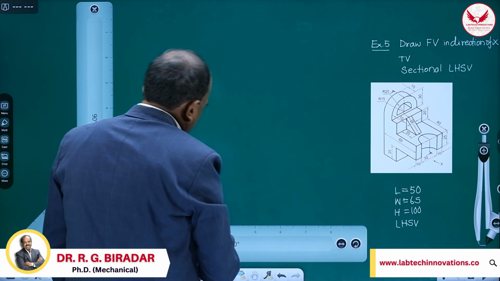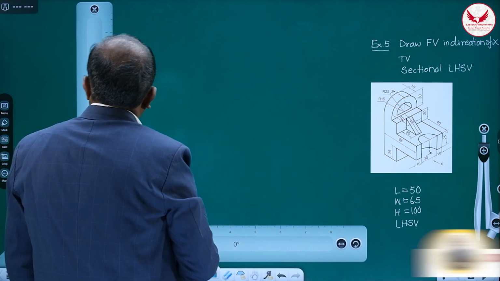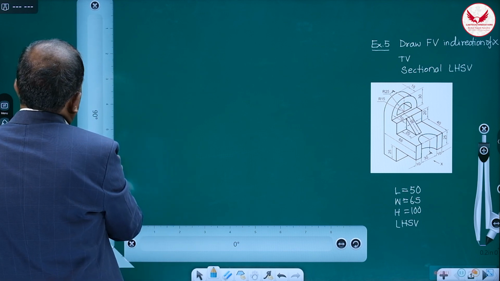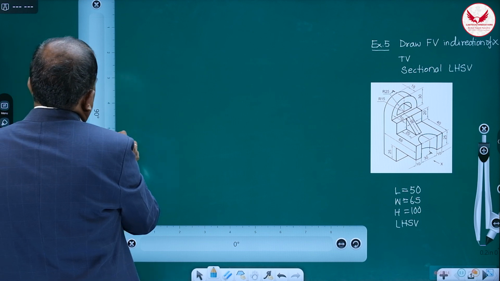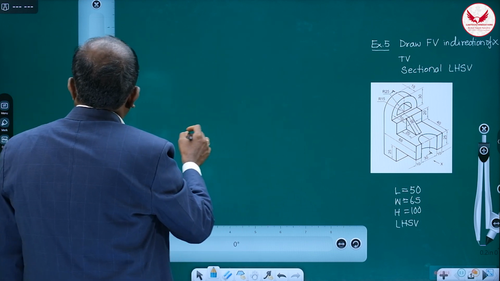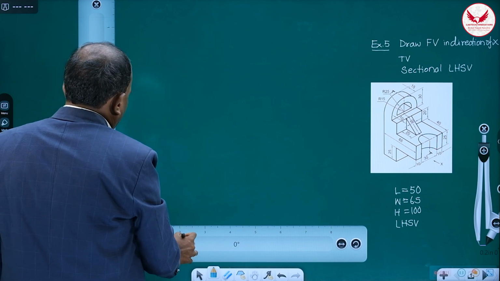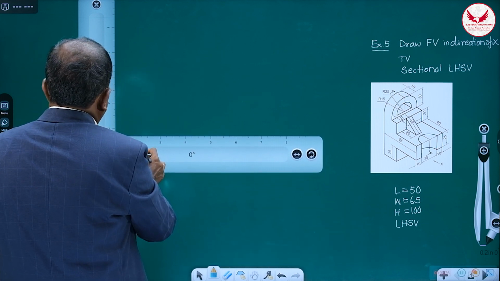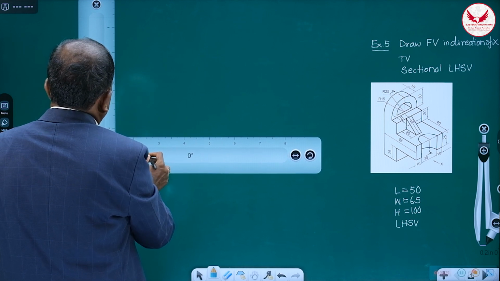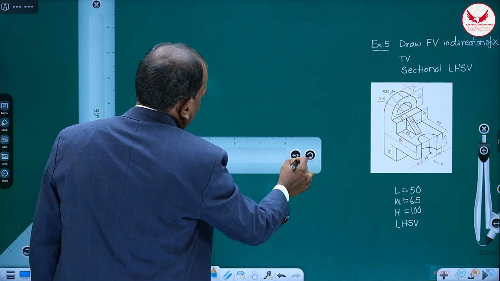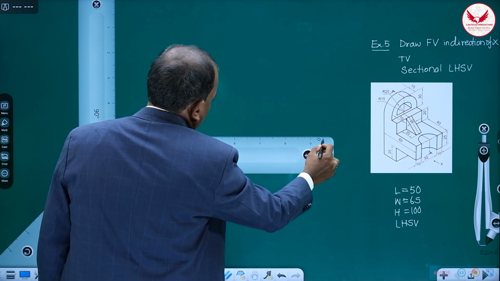Now what you have to do? First, always draw a line, and the care we have to take is that the height is 100, which means we have to leave more than 100 mm from the upper side, and then draw the first light line. So the first light line is like this.